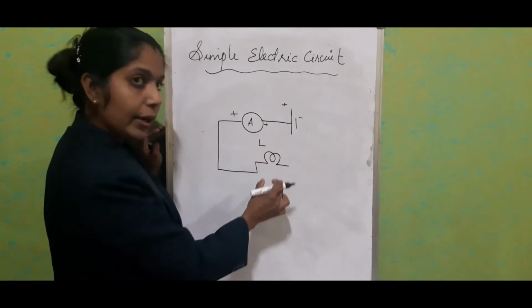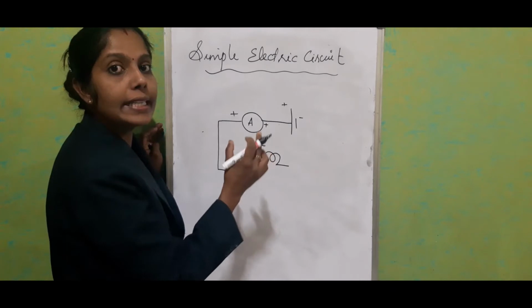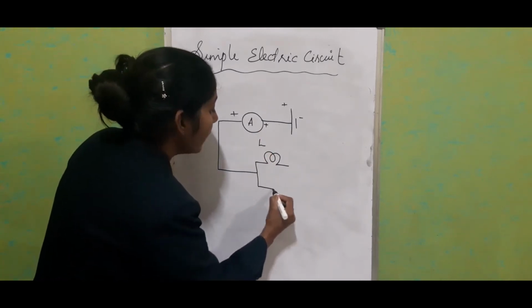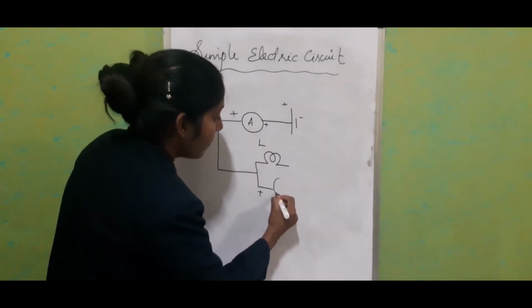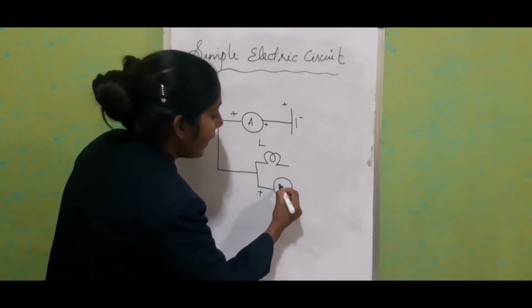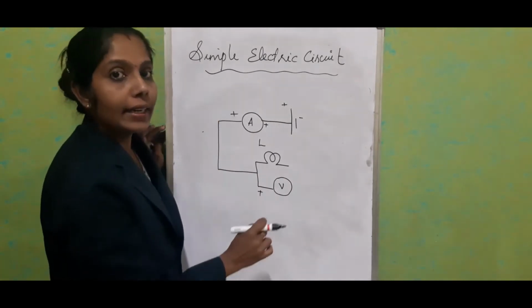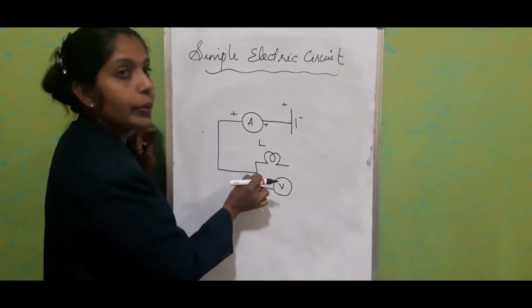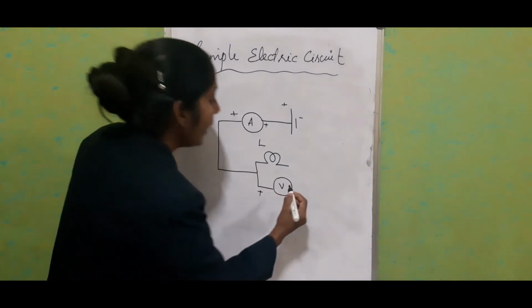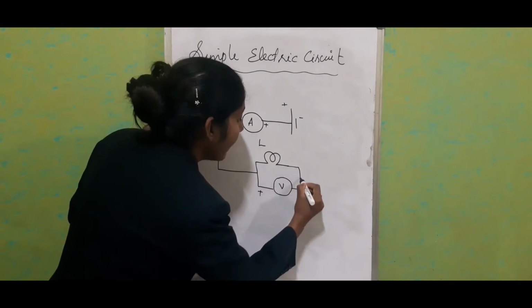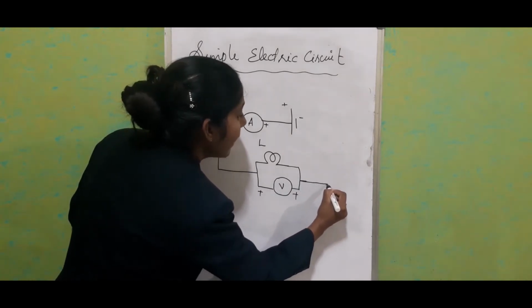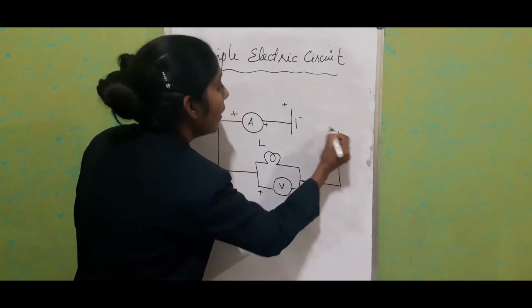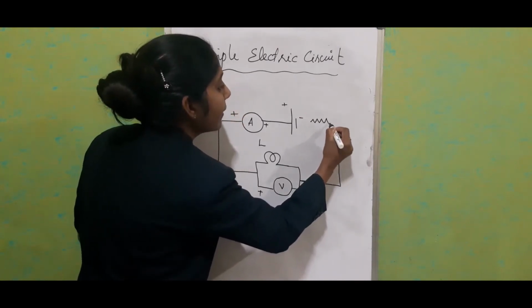Across this load we always connect the voltmeter. Voltmeter plus should be connected to the plus point, and it is connected as a parallel connection. So both connections should join at a single point, and the negative should be connected here, and this we are going to connect with a rheostat.